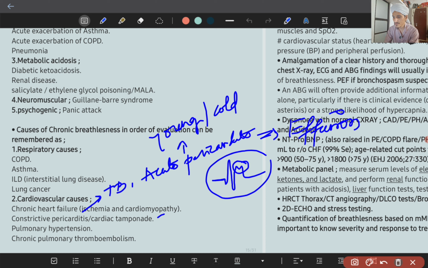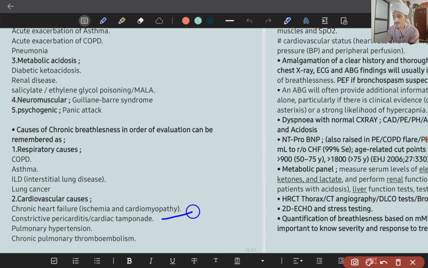And whenever there is massive effusion causing cardiac tamponade, you will see diffuse decrease of the amplitude of the QRS complex in the ECG.